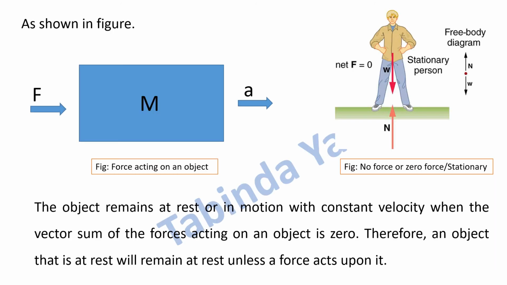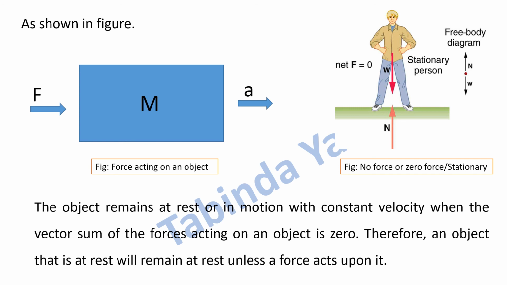Here you can see a figure of a mass m with a force F being applied on the object. So the body accelerates with acceleration a. It will keep its motion as it is unless another external force stops it. Another example, on the right-hand side, is a man standing on the ground.